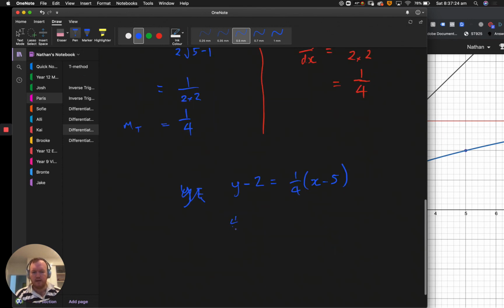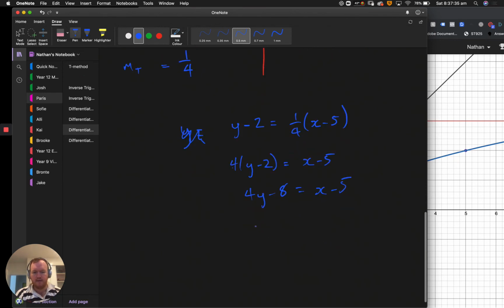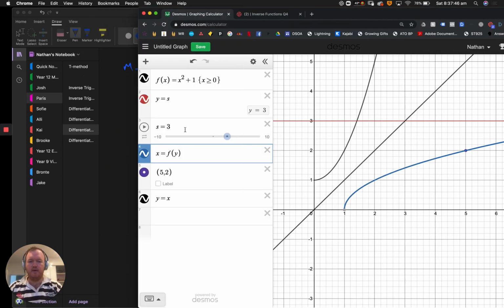So then 4y minus 8 equals x minus 5, so we'll go x minus 4y, plus in the 8 over gives us plus 3, equals 0, is the equation of the tangent at that point on the inverse.